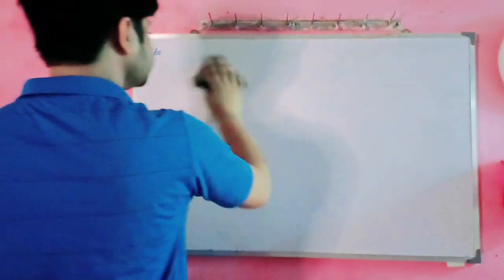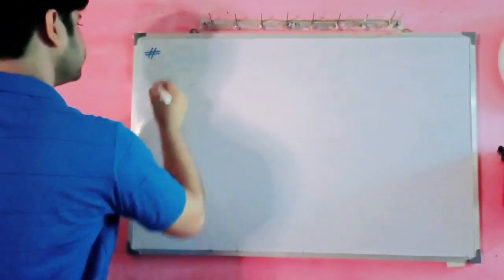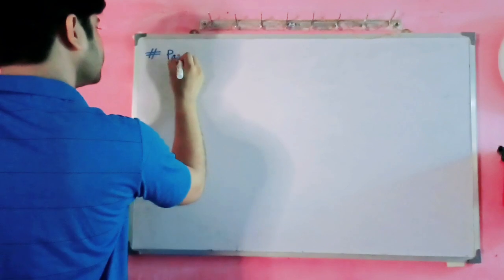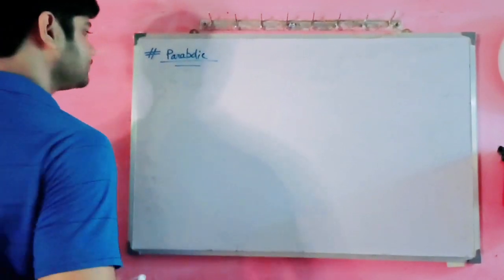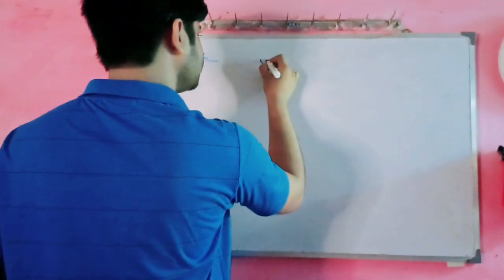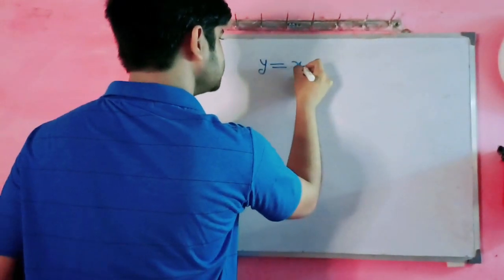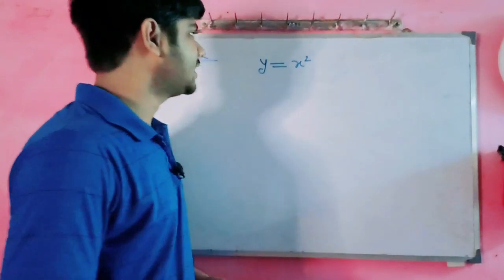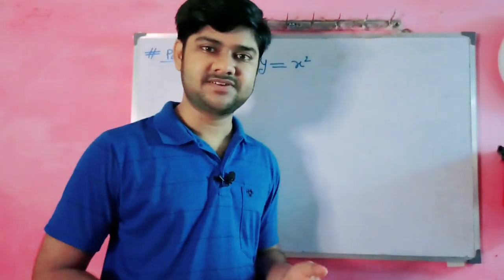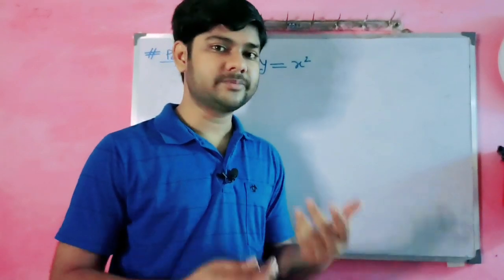The second one is the parabolic graph. General expression for a parabola: y equals x squared. Again, as I mentioned at the start of the video, we are not going into the detail of the mathematics.